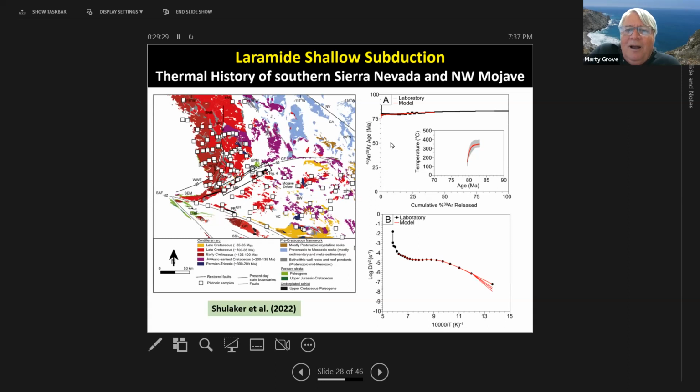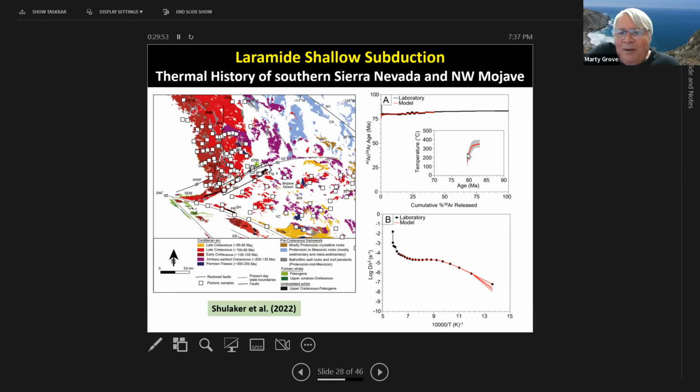For each of them, we've measured an age spectrum, and we've measured the diffusion properties of this material. From this information, we've calculated part of a thermal history. We're only able to recover the part of the thermal history that's recorded by, in this case, potassium feldspar.